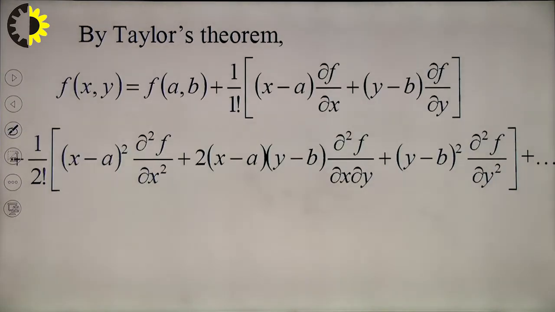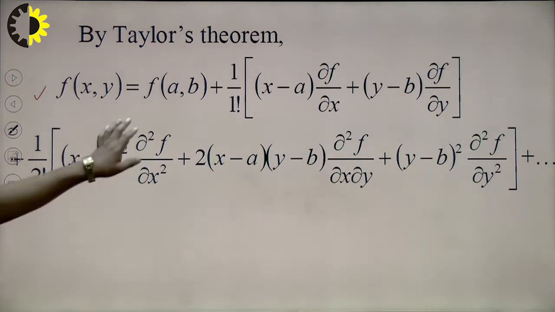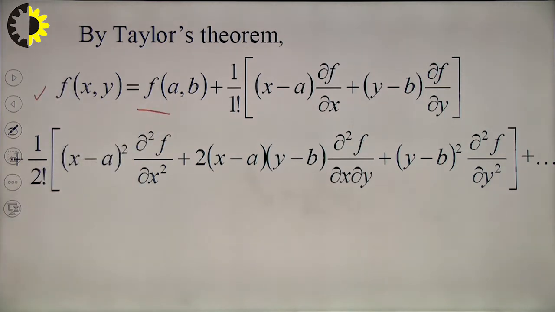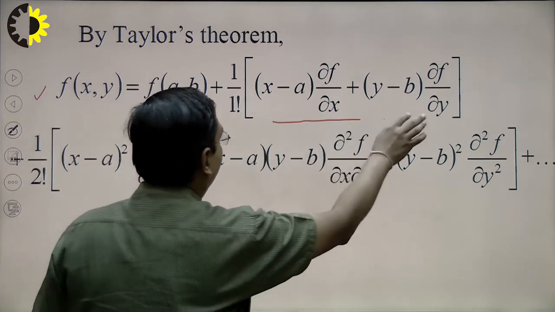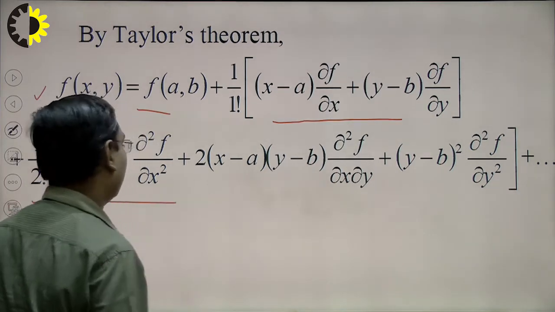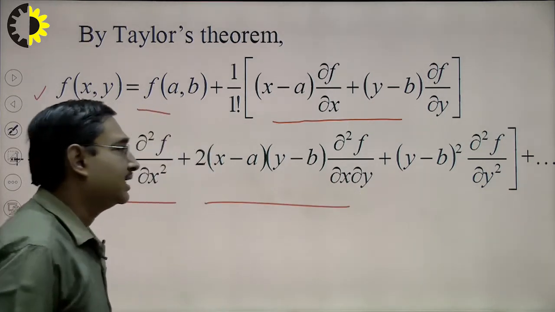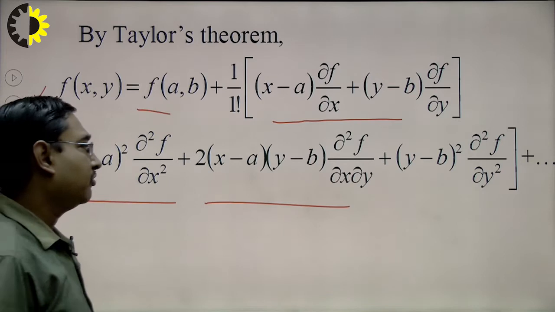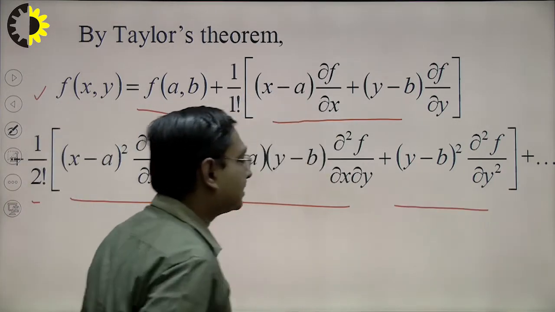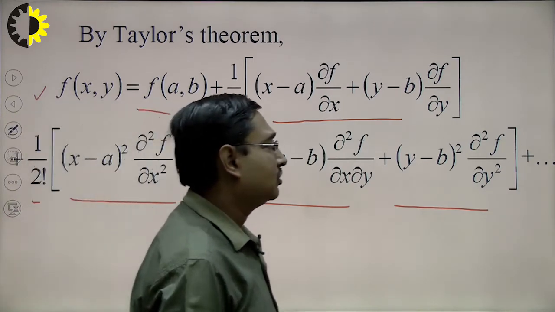By Taylor's theorem, we have seen that the expansion of function f(x, y) was this: f(a, b) plus 1 by 1 factorial [(x minus a) del f over del x plus (y minus b) del f over del y] plus 1 upon 2 factorial [(x minus a) whole square del 2f over del x square plus twice (x minus a)(y minus b) del 2f over del x del y plus (y minus b) whole square del 2f over del y square] plus and so on.